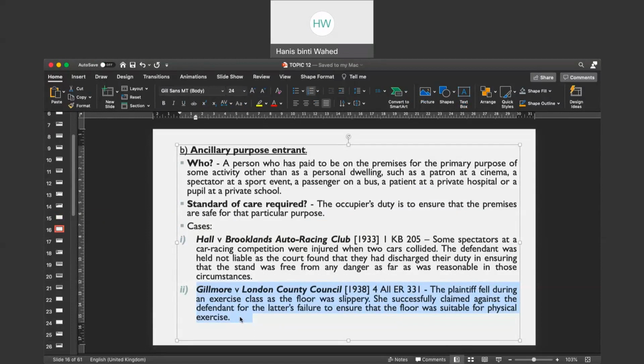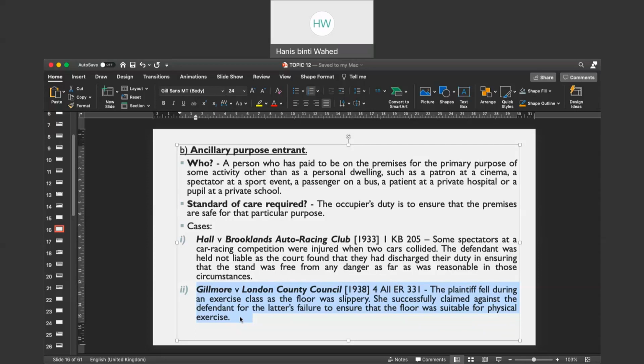Because dalam kes ini plaintiff ni she paid to enter the premise for exercise. Okay, jadi kita nak exercise. So she was an ancillary purpose entrant. Okay. Therefore, the defendant had a duty untuk ensure that the premise adalah safe untuk exercising. Okay, jadi dia kena make sure yang the floor was not slippery ya, sebab kita nak guna untuk dancing.